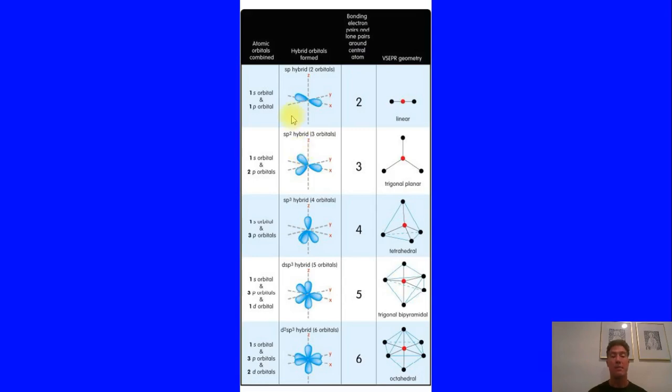Another way to do this, if you really care about how the s orbital and the p orbitals orient themselves: here you have 1 s and 1 p, here you have 1 s and 2 p, here you have 1 s and 3 p. At the end of the day, just remember, add your s's, your p's, and your d's, and that gives you the total bonding electron pairs and lone pairs around the central atom.